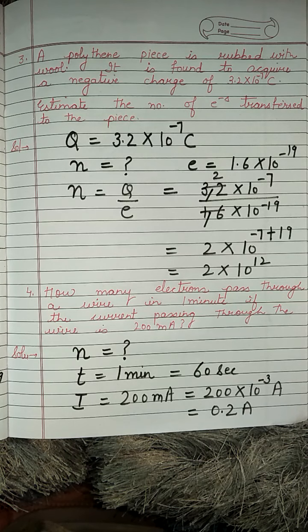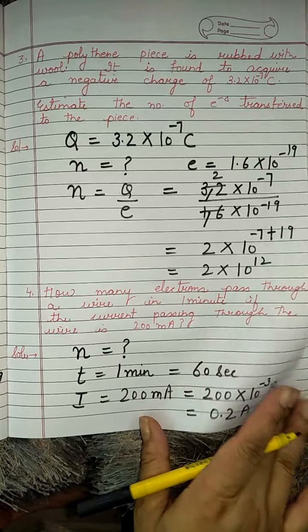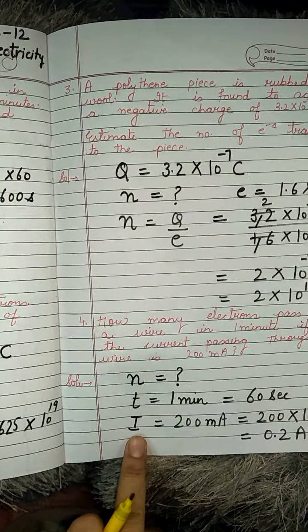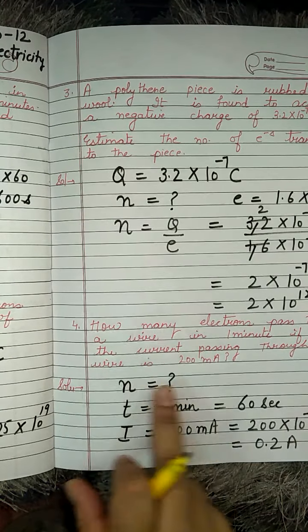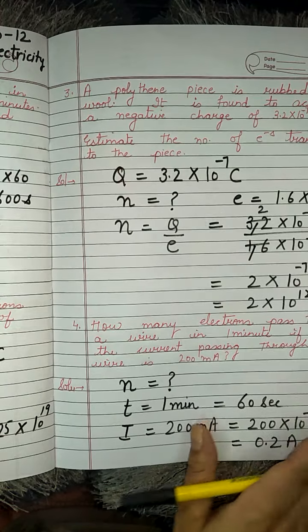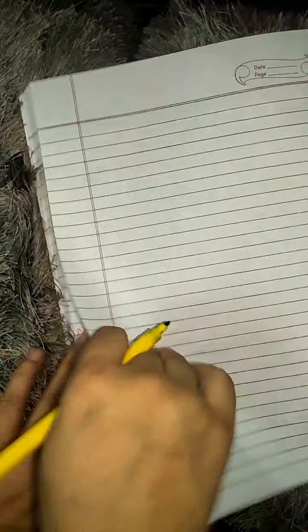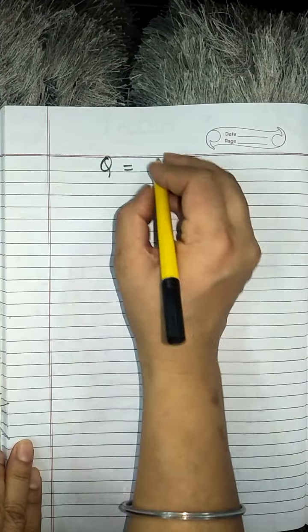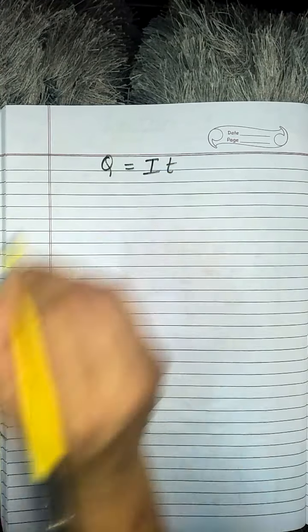I hope this calculation is okay to you. This is a simple calculation only. Now what we want to find out: N we want to find out, T is given and I is given. So just have a look. We know that Q is equal to IT.